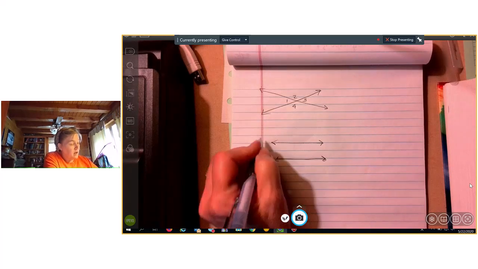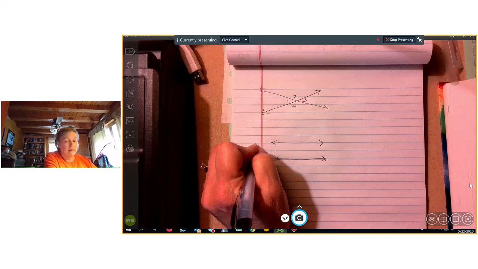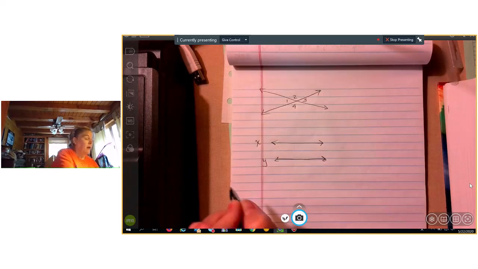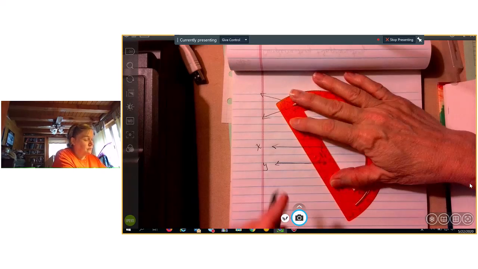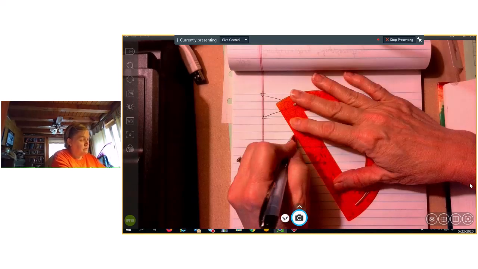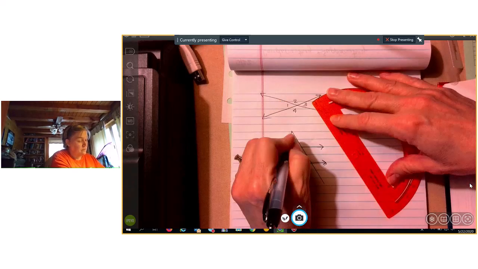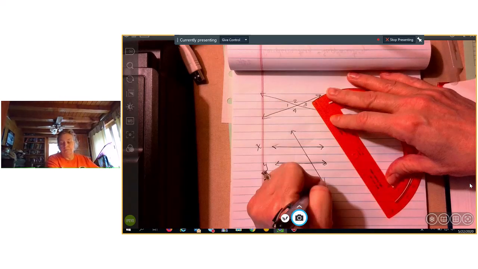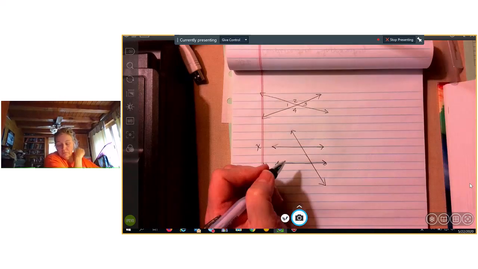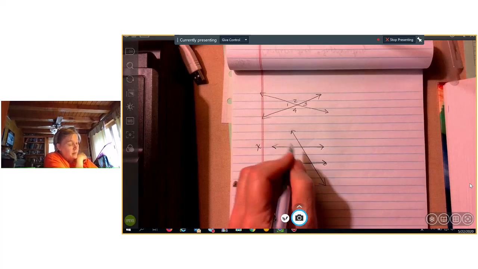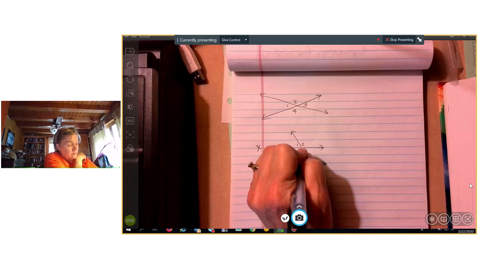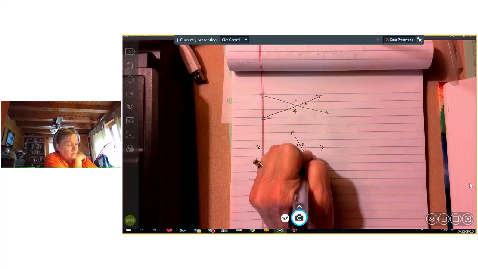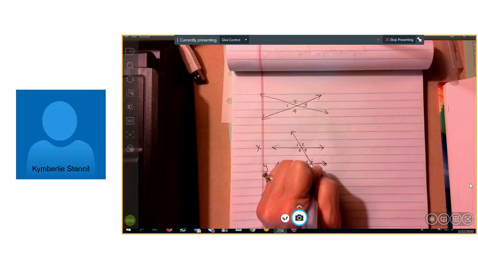So if I have line X and line Y, and I cut through these lines with a transversal, and now I'm going to label these just 1 through 8.